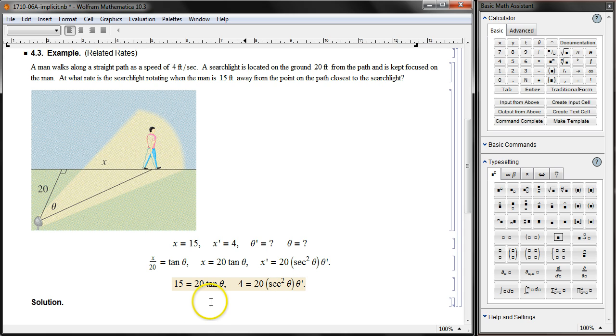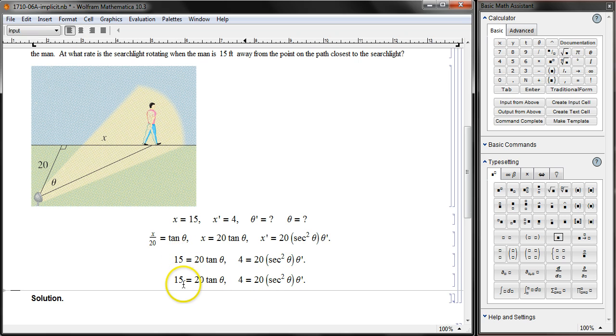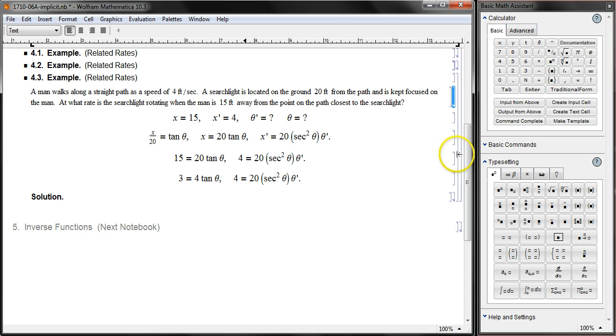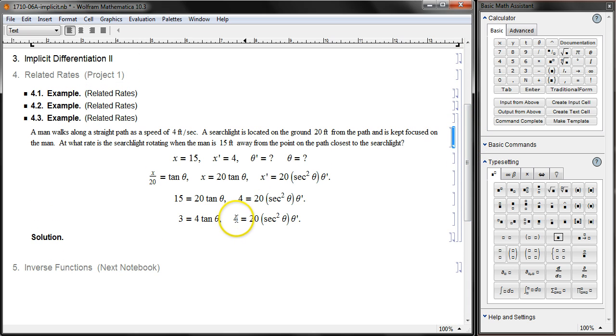Shall I simplify this a little bit? Divide both sides by 5 and you're going to get, okay, let's take an extra step. Divide by 5, I'm going to get 3 equals 4 tangent of theta. And then this one is going to be 1 is equal to 5 secant squared theta times theta prime.